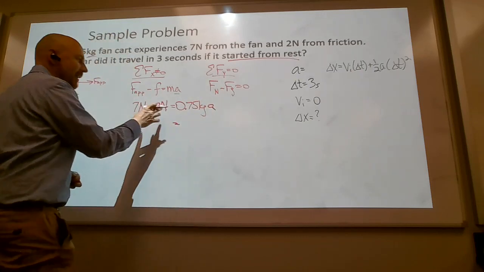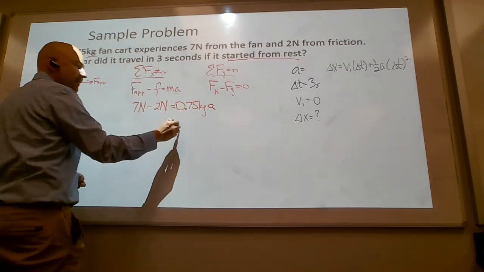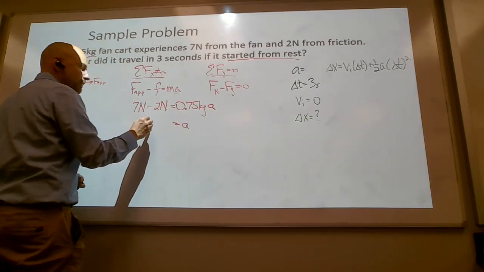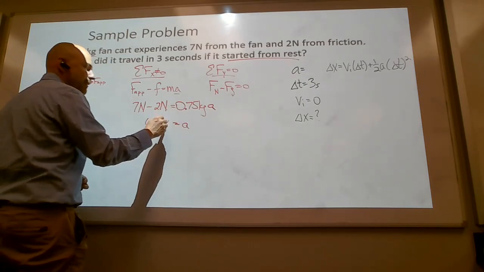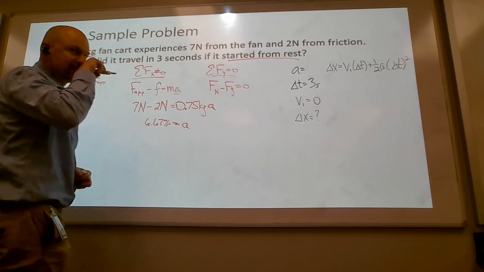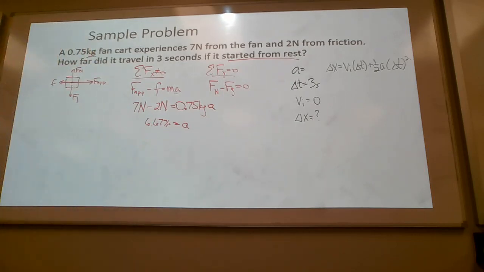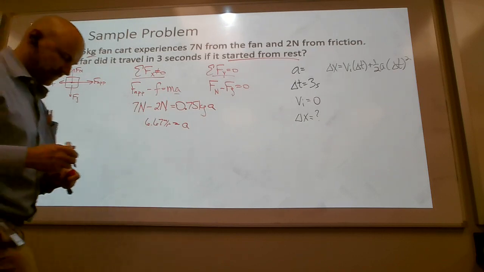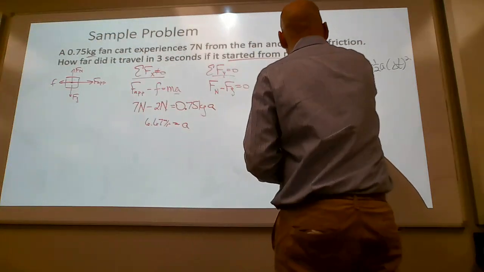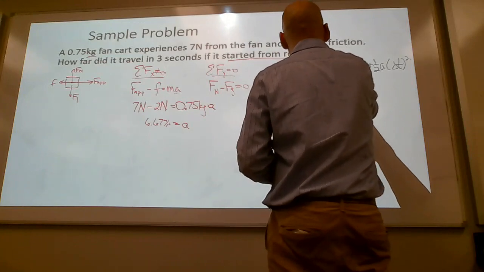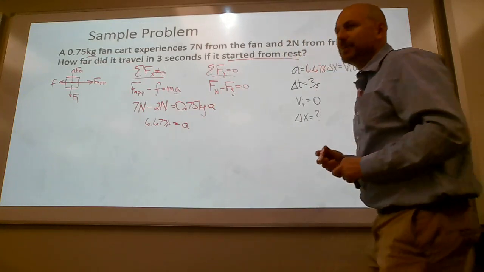Acceleration. So 5 divided by 0.75 gives you 6.67 meters per second squared. So that can be used there.